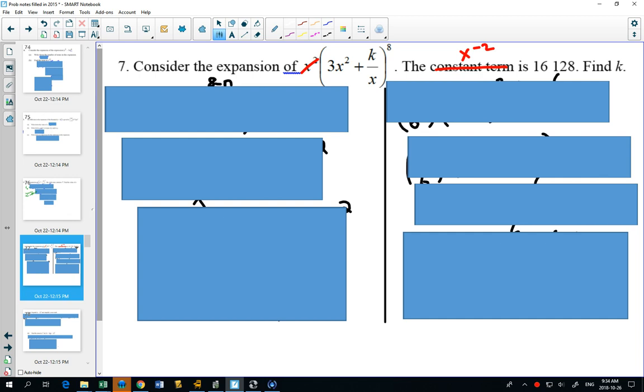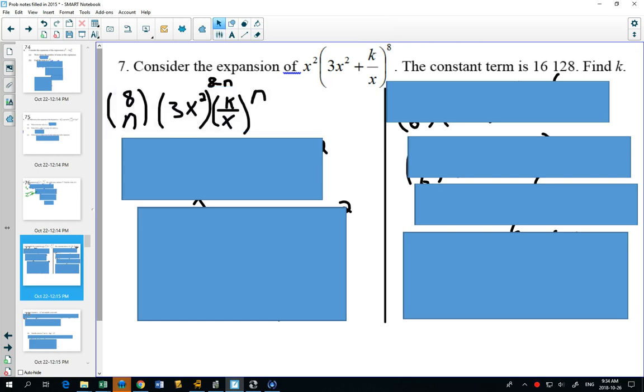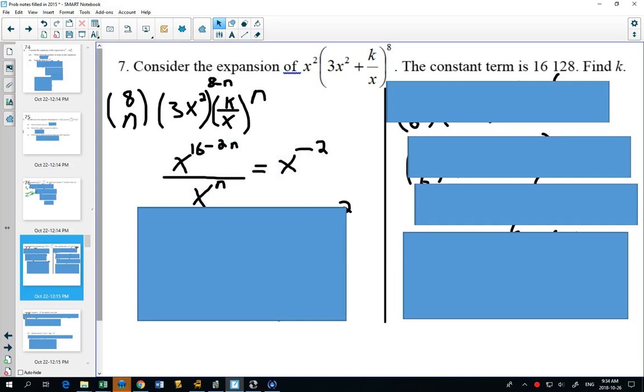You have to find the x to the minus 2 term, right? So if I took this out, you wouldn't be finding the constant term. You'd be finding the x to the minus 2 term. But having that here makes the x to the minus 2 term the constant term. So we set things up saying, here's my expansion. I want to find the x to the minus 2 term.